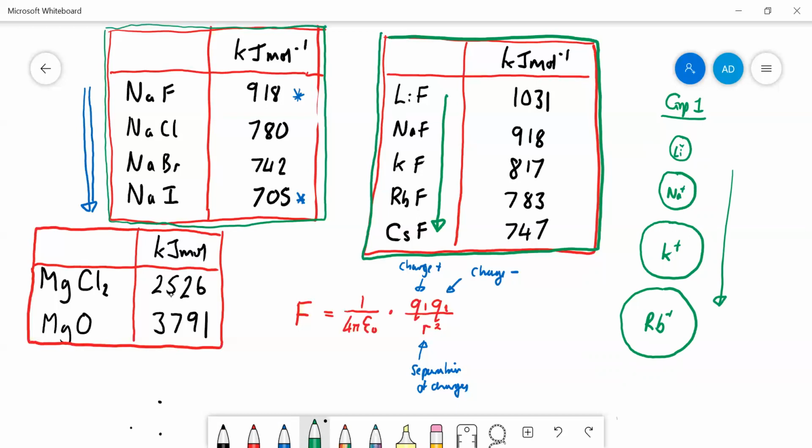So here we've got our equation again. The force of attraction between the two ions has a constant, so we can forget about that. Q1 times Q2 is a constant because the positive ion is always +1 and obviously fluoride is always -1.